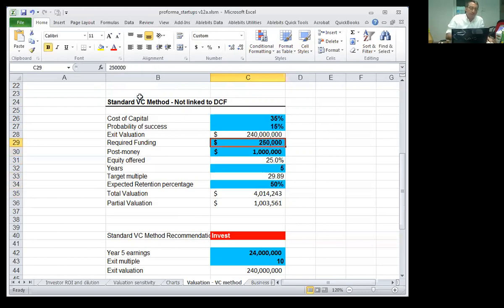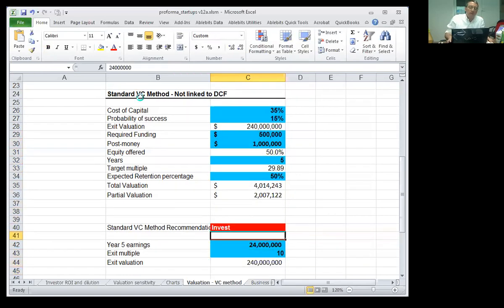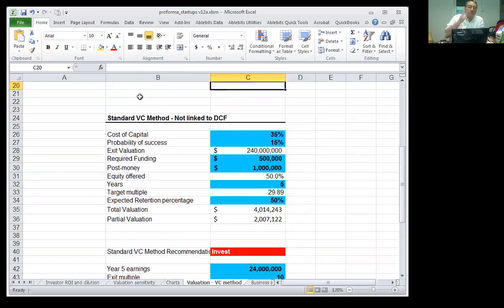And if I put in required funding 500,000, it is recommended to invest. That's the VC cost of capital. So that's our VC method valuation.